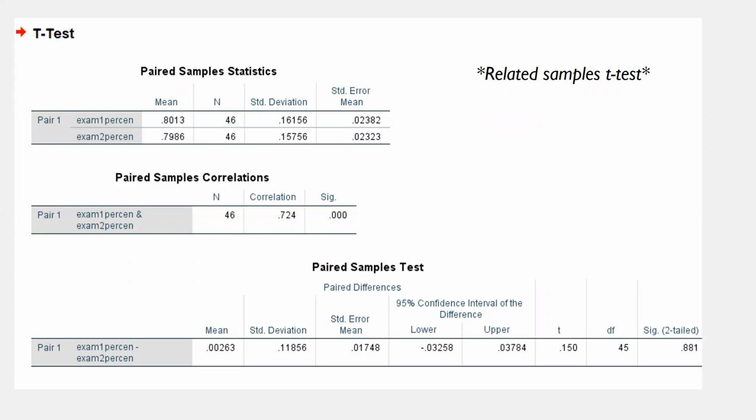So instead of taking an independent samples t-test where I evaluated exam 1 separately from exam 2, I was interested in relating every student's performance to themselves. Did any single student have a better score at exam 2 versus their own personal time 1? That's the difference between a related samples t-test and an independent samples t-test. If people are being compared to themselves, it is a related sample because it's a repeated measures design.